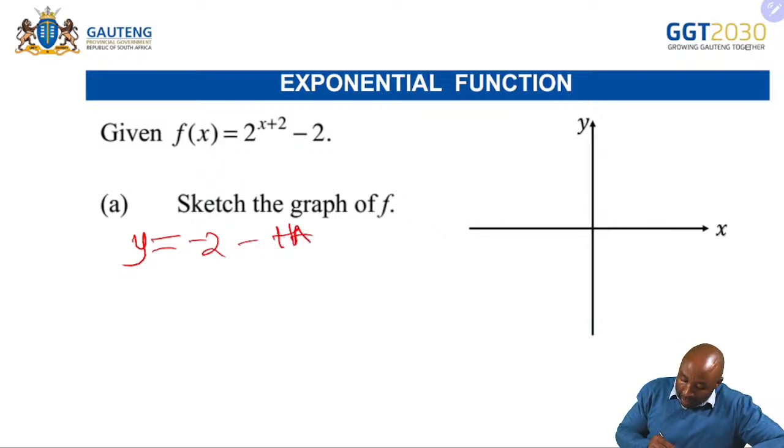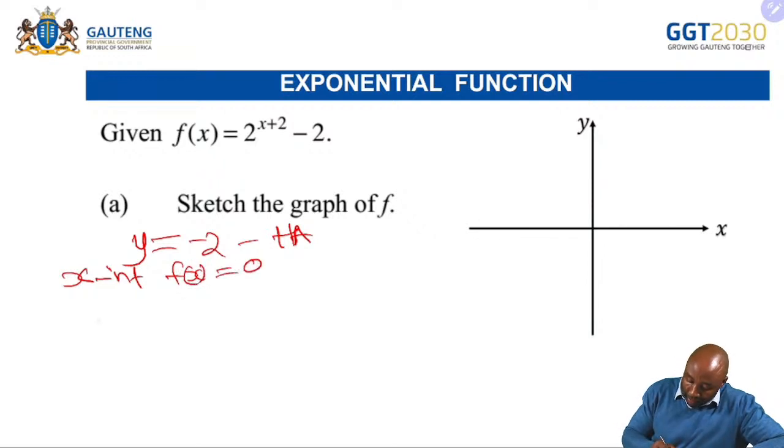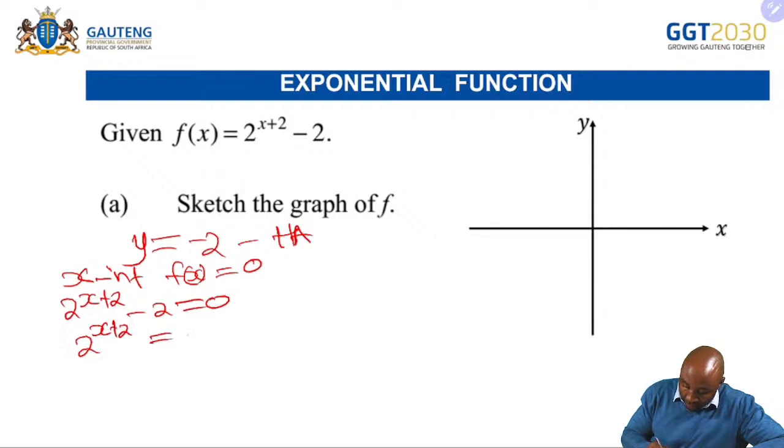And then we are able to get our x-intercept by making our f of x equal to 0. And this will give us 2 to the power x plus 2 minus 2 is equal to 0. We get 2 to the power x plus 2 is equal to 2.